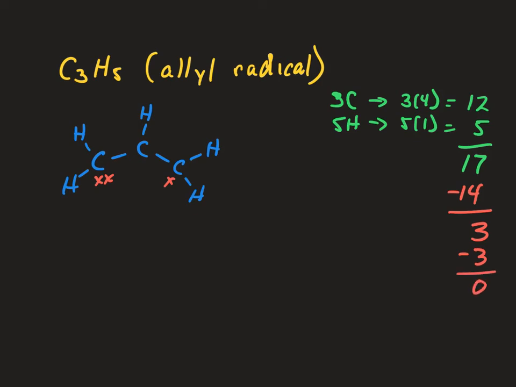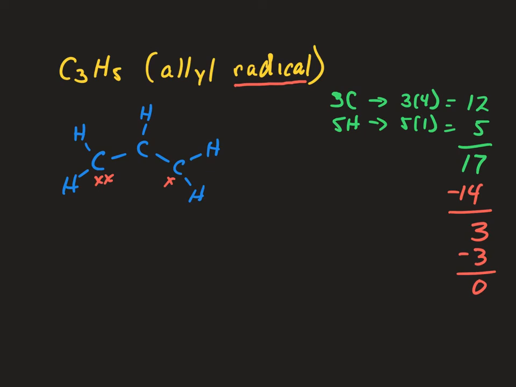That leaves us with a structure with an odd number of electrons. Here we have an electron with nothing to pair with it. That is the definition of a radical. A radical species is a species that has an unpaired electron in the final structure. Because we have an odd number of valence electrons, in the end, we're going to have an electron without a pair. That makes this a free radical.